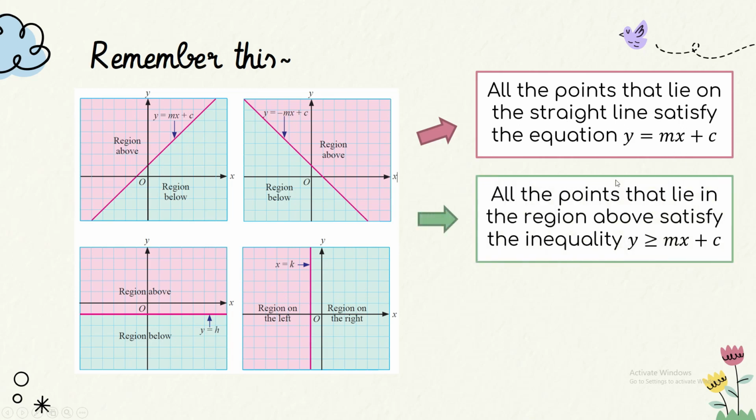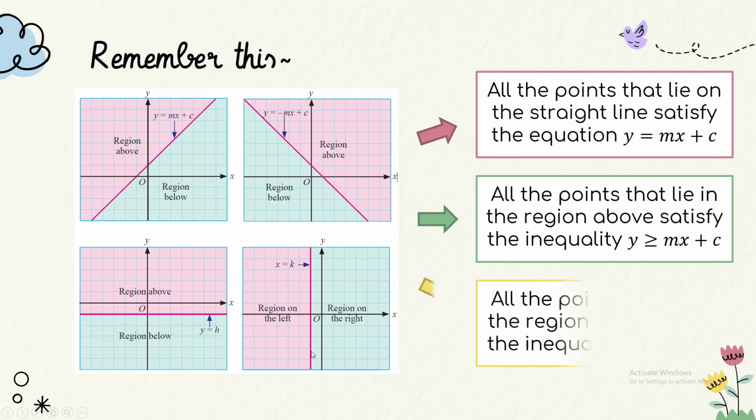All the points that lie in the region above satisfy the inequality y higher than or equal to mx plus c, which is this region, the pink color. If it involves this graph, it must be the region on the right. Later on I will explain again.